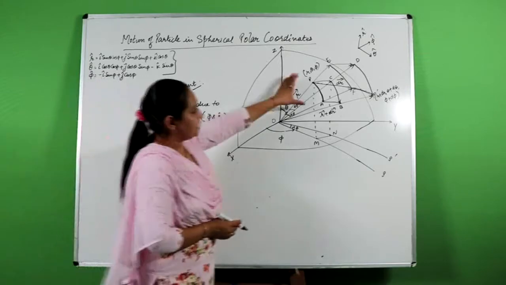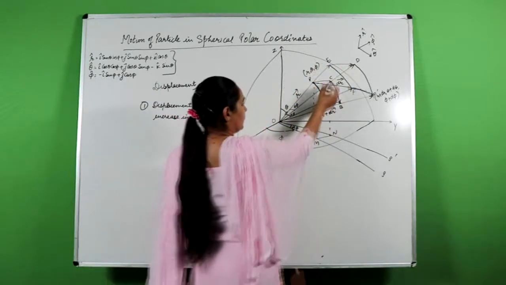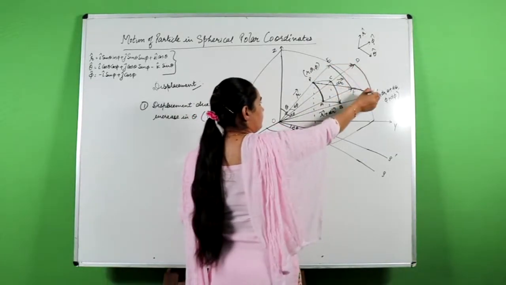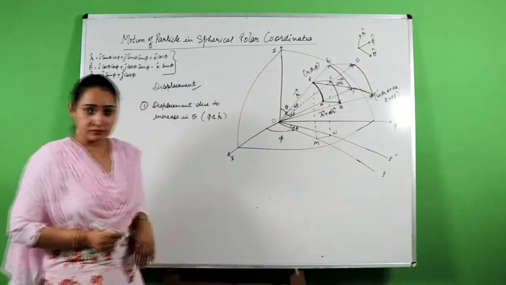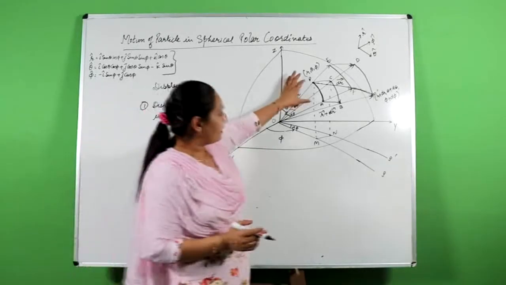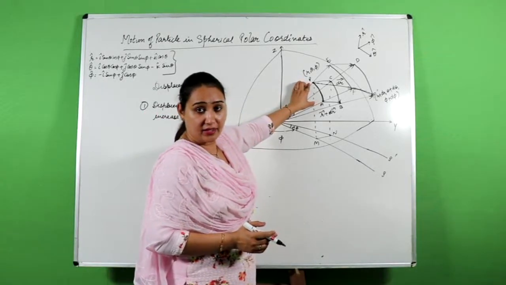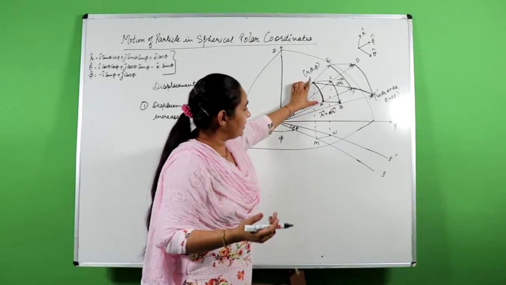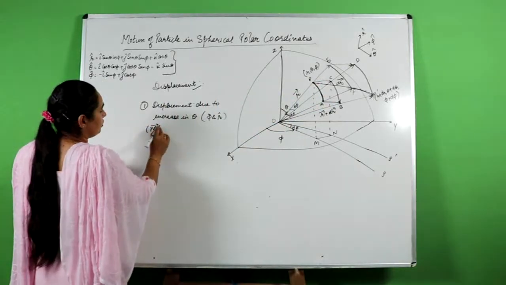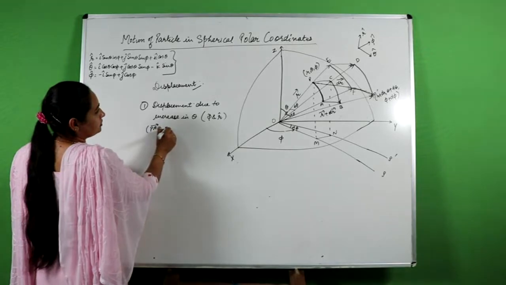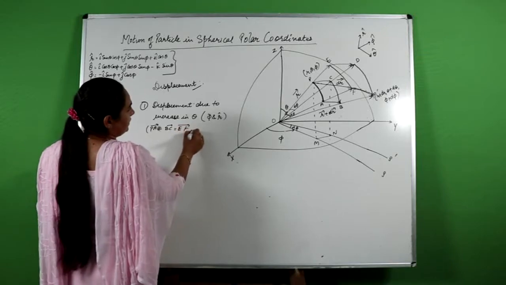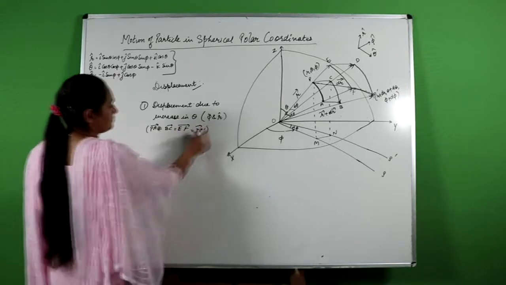You can also see that CB is the same, EF is the same, BP dash is also the same. Since we are talking in three-dimensional geometry, we are calculating all the opposite sides, like PA is equal to BC, so the displacement will be PA, equal to BC, or EF, or DP dash.